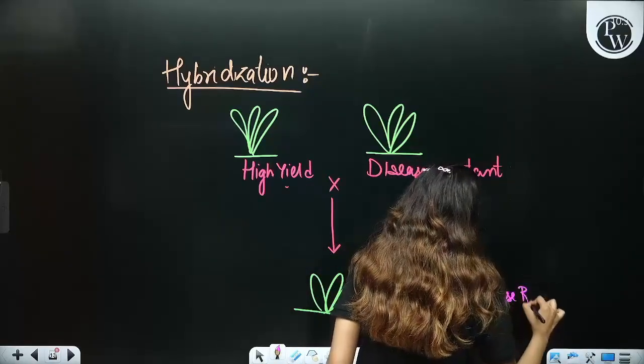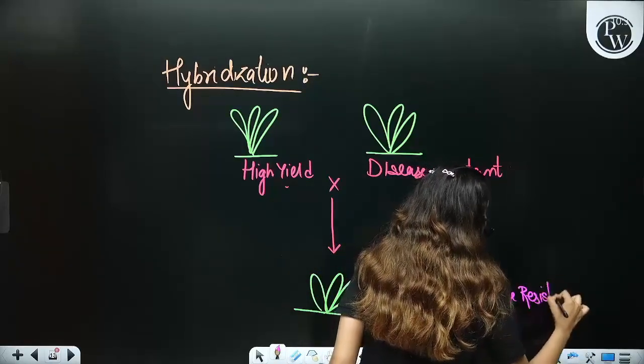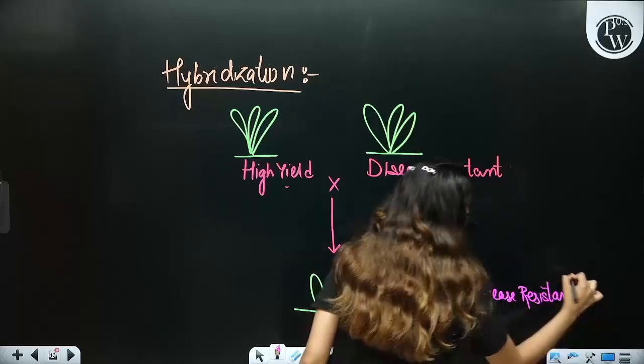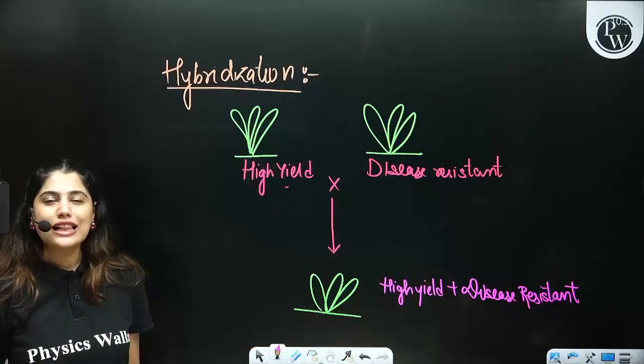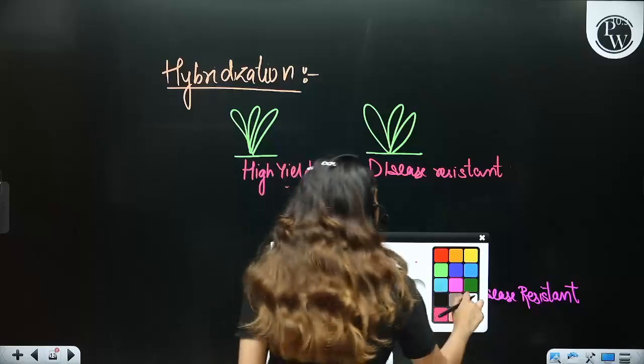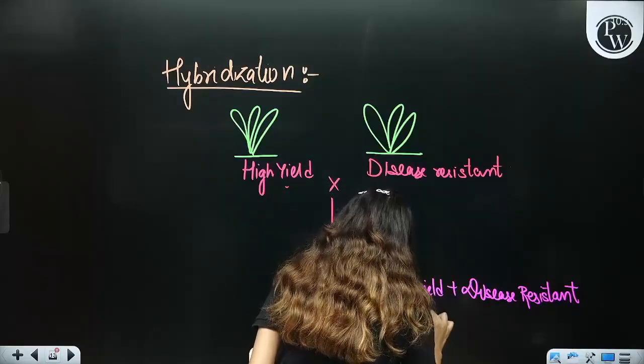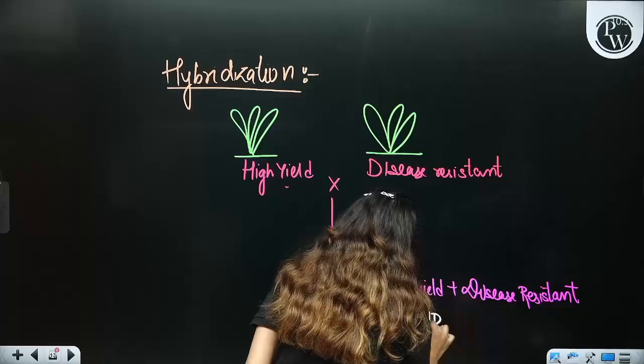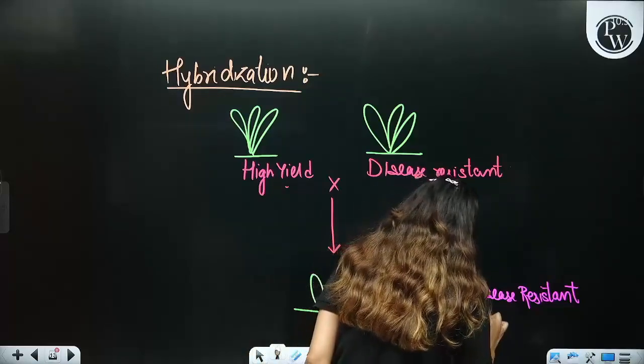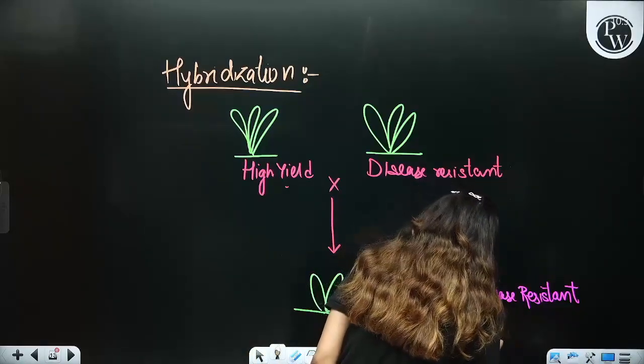So this plant which has the characteristics of both plants, we're going to call such a plant a hybrid. Now this hybrid is a high yield variety, HYV.